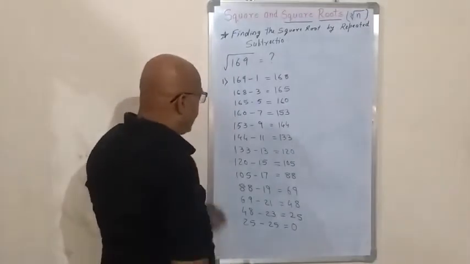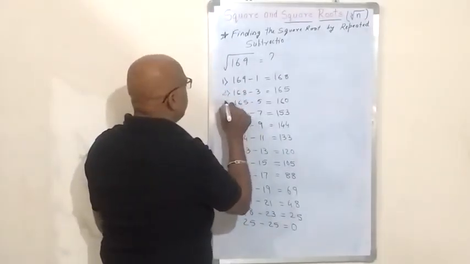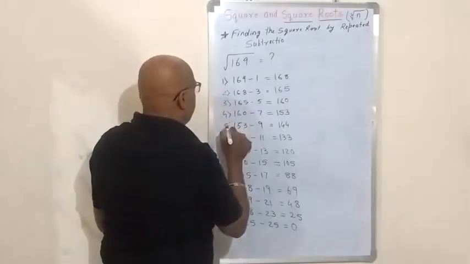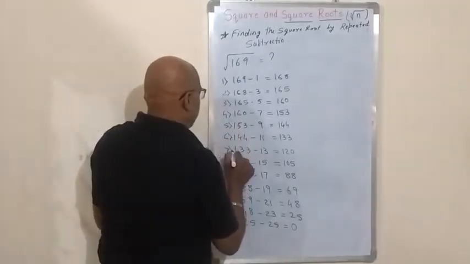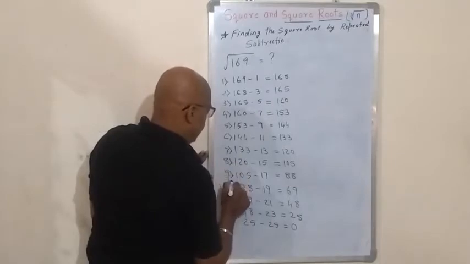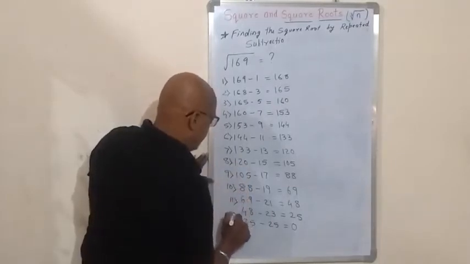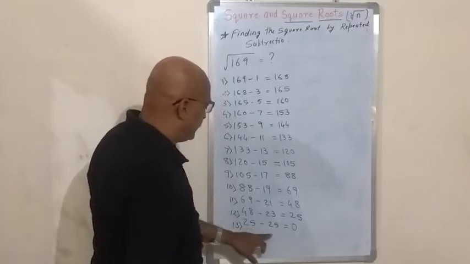How many steps are there? We count the steps: 1, 2, 3, 4, 5, 6, 7, 8, 9, 10, 11, 12, 13. So in the 13th step we got 0.